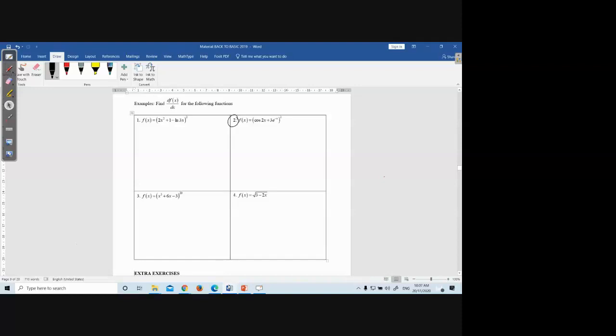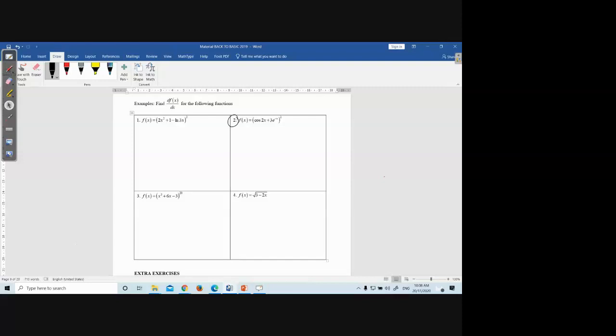So we have cosine 2x plus 3 exponent negative x, and the whole thing is power 2. Please use any method you like, Madam.